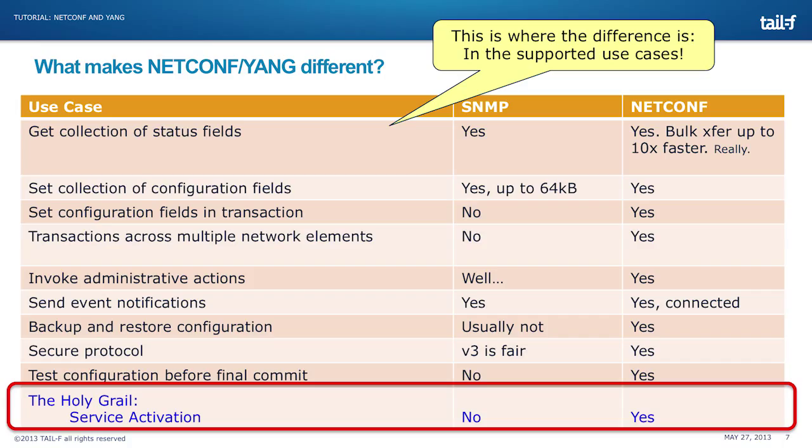There's the idea of being able to invoke administrative actions in a device. Sometimes you need a device to do something that doesn't necessarily involve data. It's not a set of a config data. It's not a read of operational data. It's trigger something like reboot a line card in my device. In SNMP, that sort of support wasn't designed from the ground up into the protocol and identified, but people figured out a way to bolt it on.